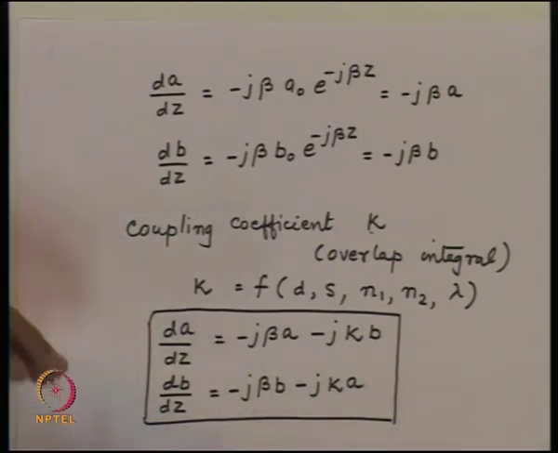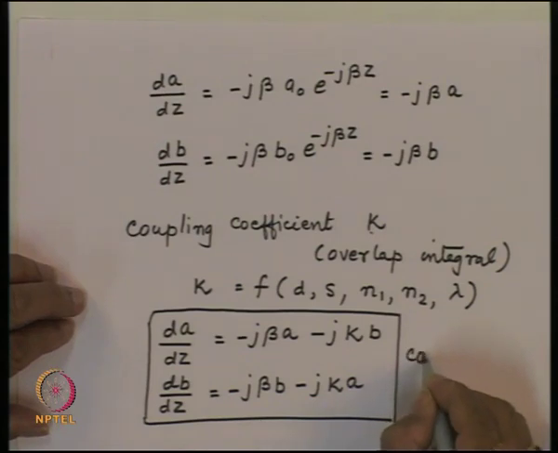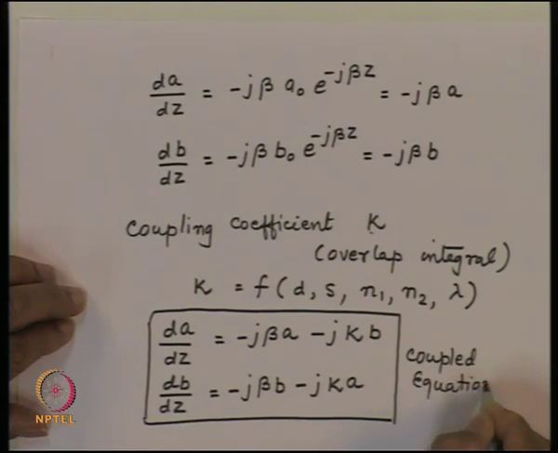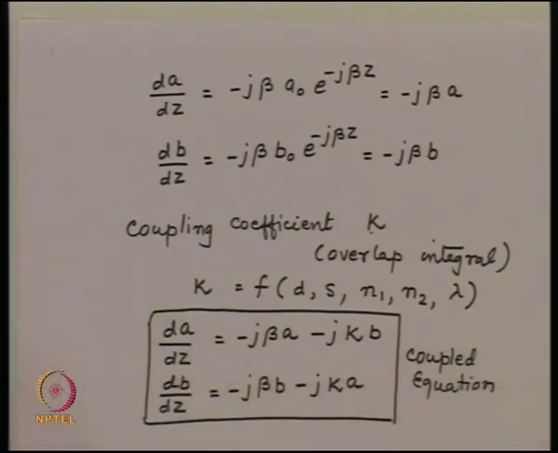This analysis is called the coupled mode analysis. So we have here coupled equations between A and B. And if we solve these two equations with appropriate boundary conditions, then we will have analytically the variation of the fields on the two waveguides which are interacting with each other.